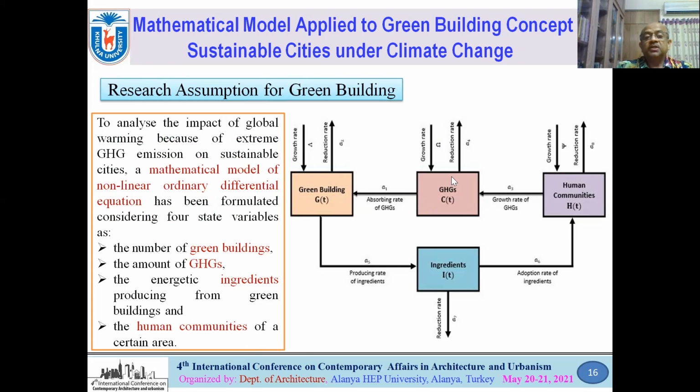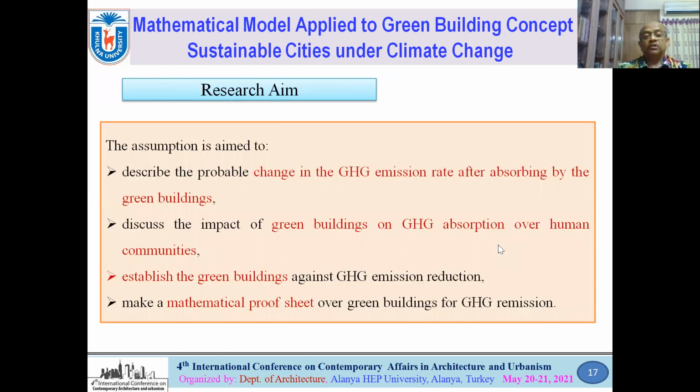There are several other parameters and some growth rates for constructing this type of model in this study. So here, considering all these above things, our basic assumption is to describe the probable change in the greenhouse emission rate after absorption by the green buildings.